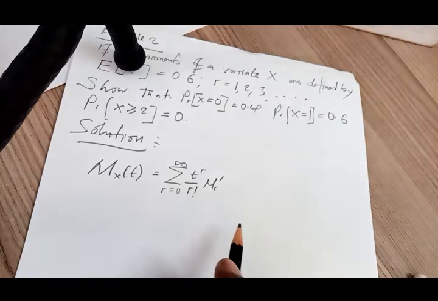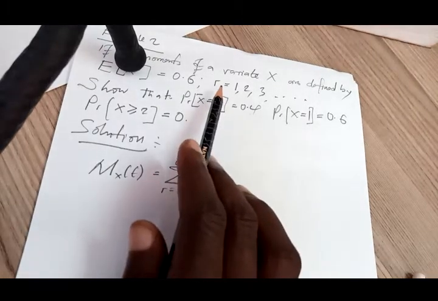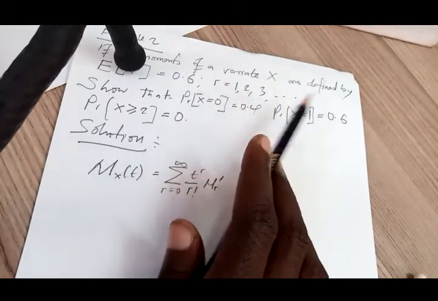Be reminded that with this formula our origin is 0, but we have been given a condition that r is running from 1, 2 up to infinity.